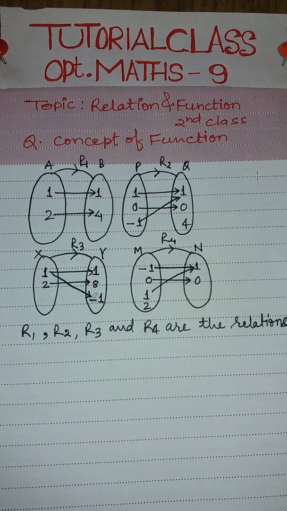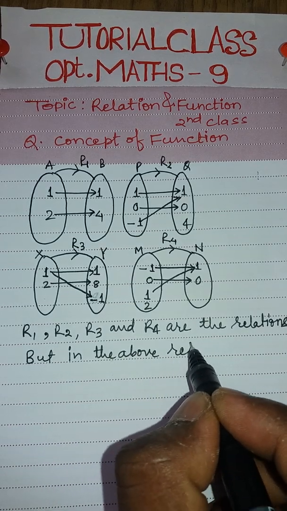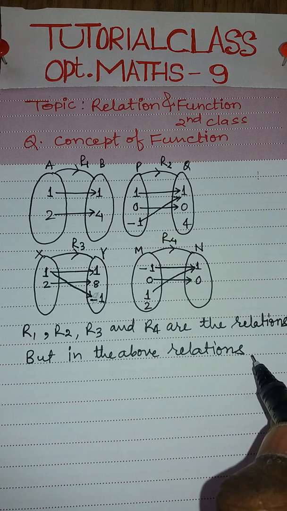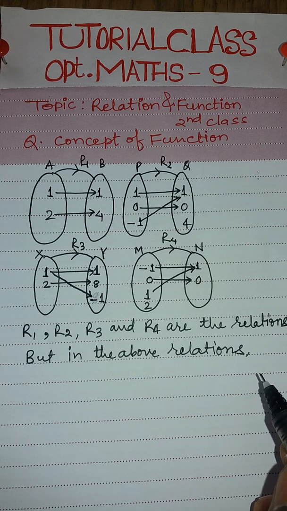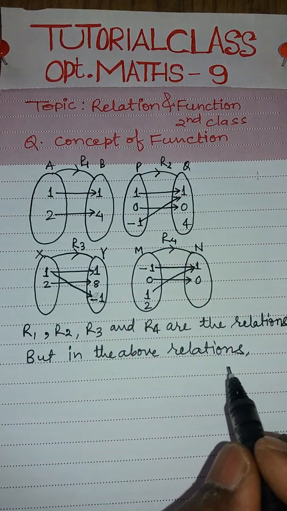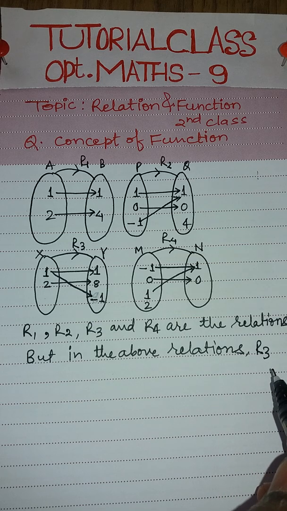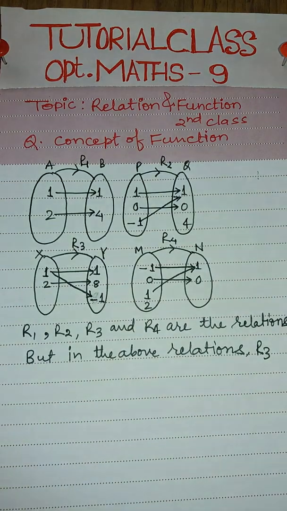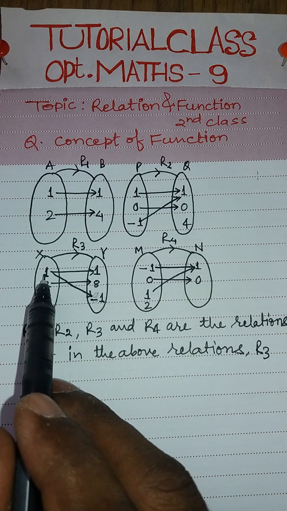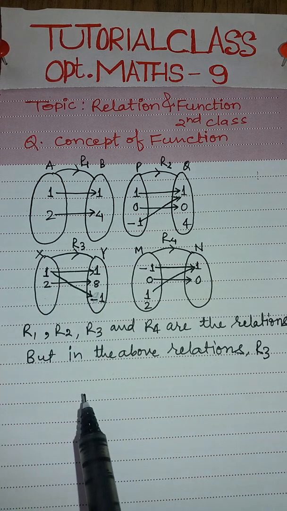But in some of the above relations, see here R3, is a relation, but when we see the mapping diagram, arrow diagram, then 1 has two different elements, means 1 is mapping with two different elements.